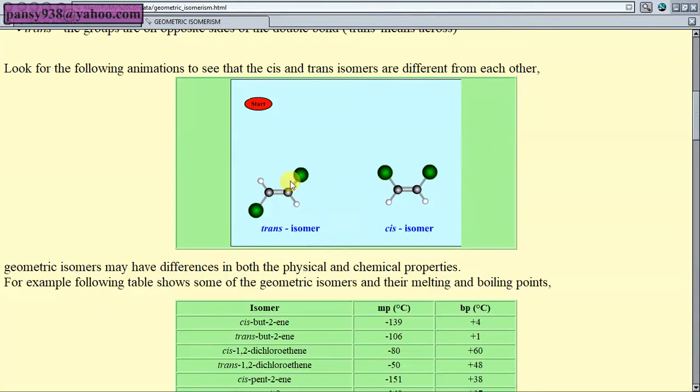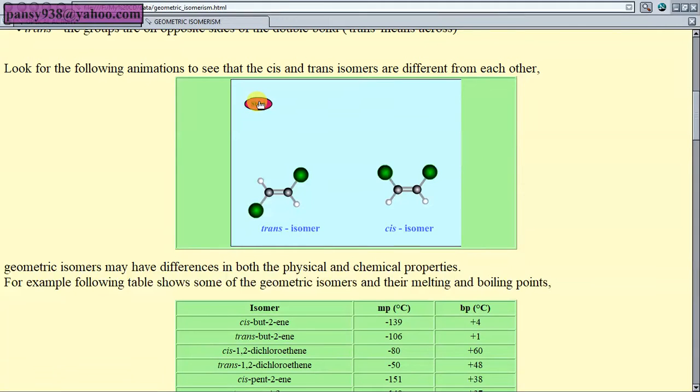You may call the green colored atoms the methyl groups if you are thinking that this is butene, or in other cases you can call this green colored ball a chlorine or bromine or any other atom which is monovalent and is bonded to carbon directly.